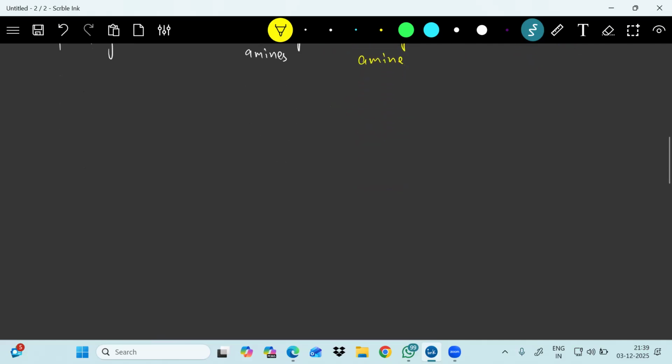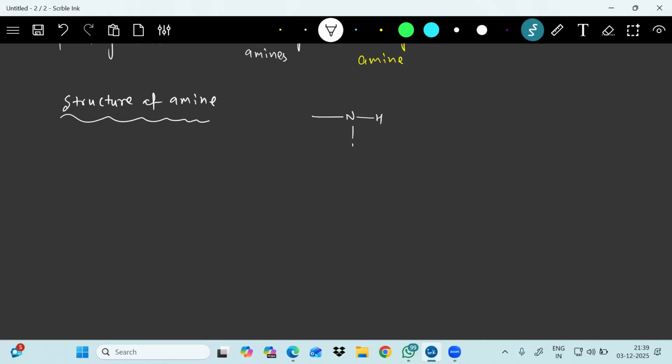Now, when we talk about the structure of amines, you can see this is nitrogen and this is hydrogen, and there is one lone pair.